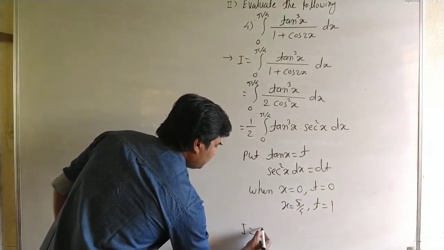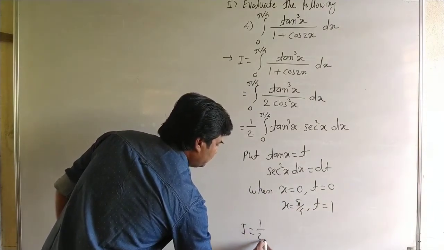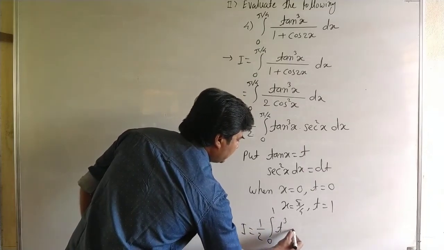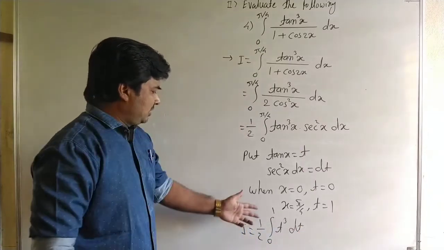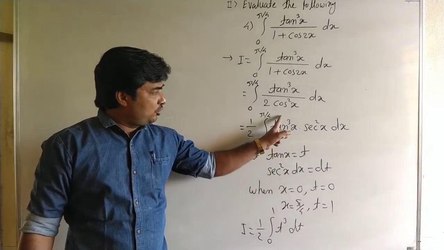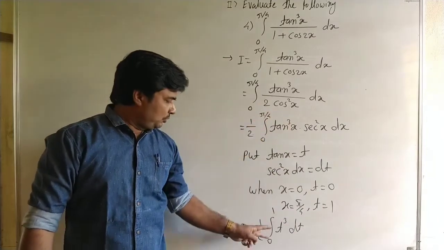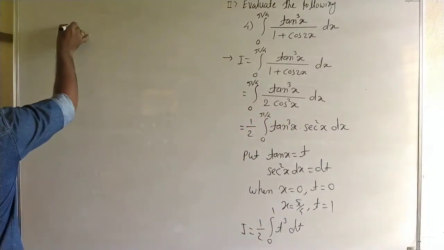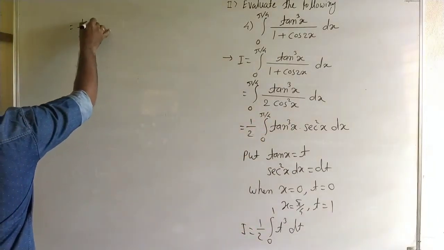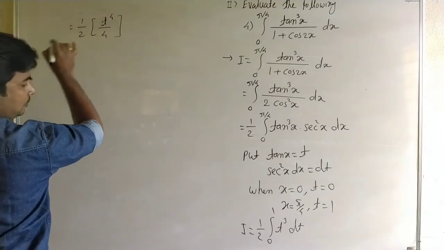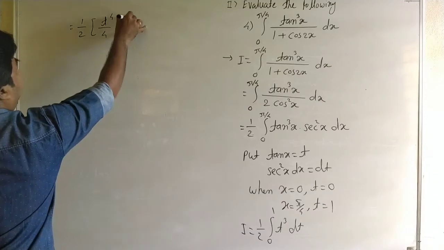Therefore the integral is 1 by 2 times the integral from 0 to 1 of t cube dt. Now it is a standard integral: tan cube x sec square x dx becomes t cube dt. So 1 by 2 as it is, t to the power 4 upon 4, with limits 0 to 1.